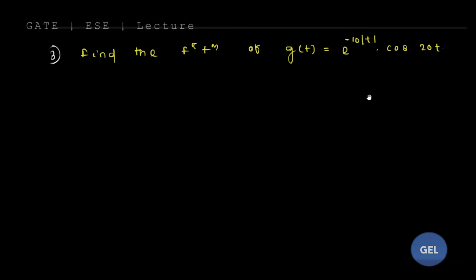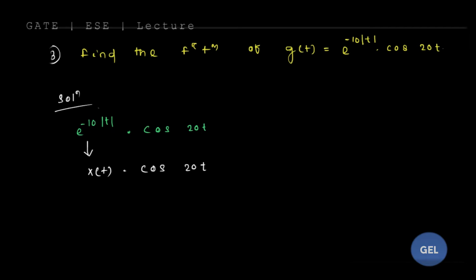Look here carefully. E to the power minus 10 mod t, let's take it as x of t, into cos 20t. This is your question. Now you need to take this as your x of t into cos 20t.